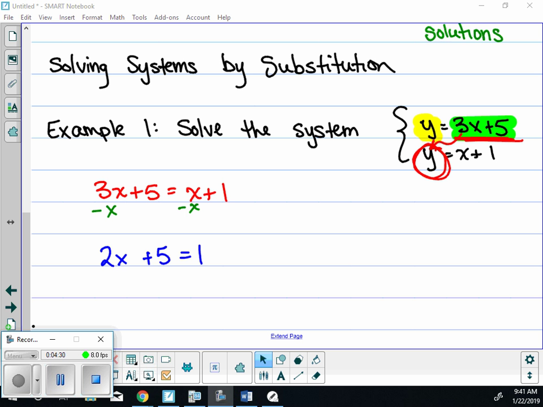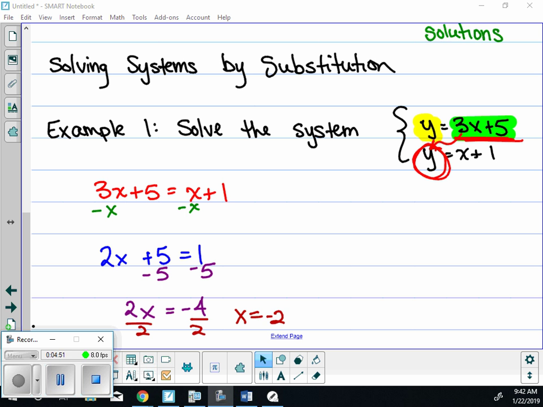And what next? Subtract 5. Yep, good. So 2x equals negative 4. Divide by 2. So x equals negative 2.